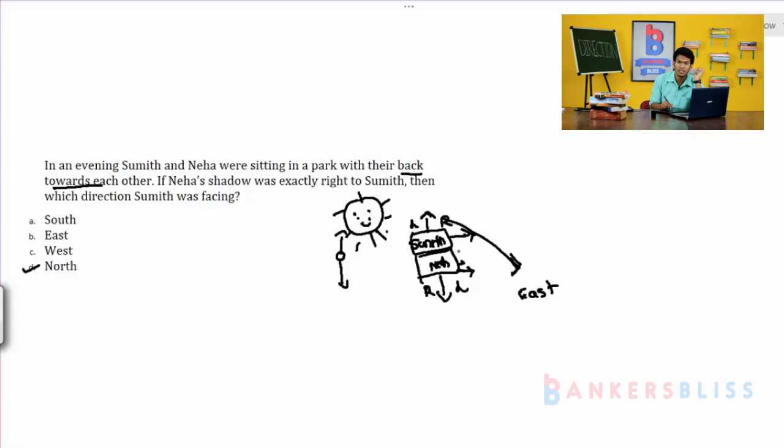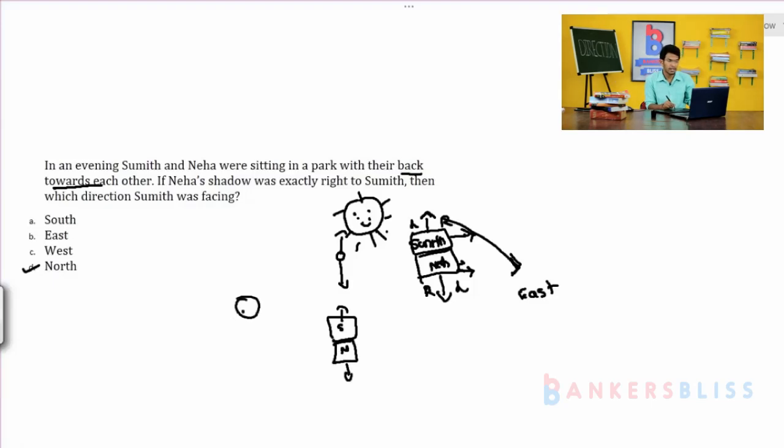Why is Sumit north facing? Because Neha and Sumit sit in opposite directions. Opposite direction means Neha is facing the south. Once again I write here, Neha is here and Sumit is here. Back towards means they are facing the opposite.